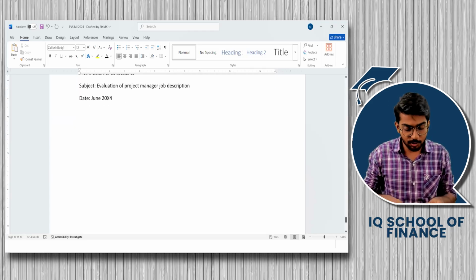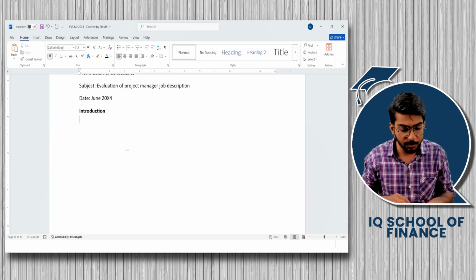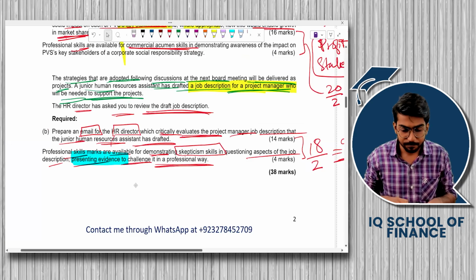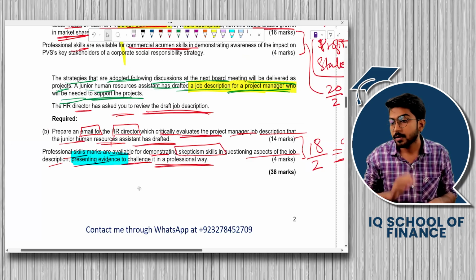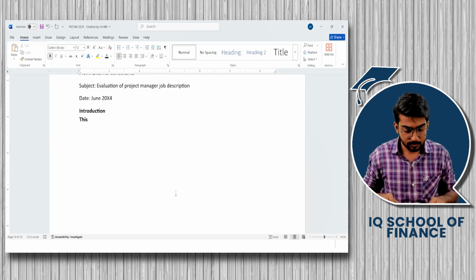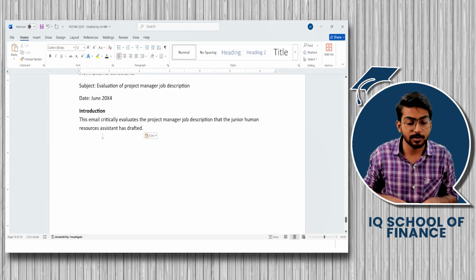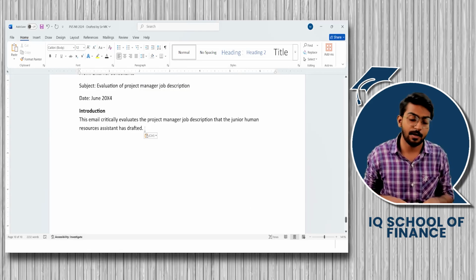Okay. So the introduction. From where are we going to start or copy our introduction? Introduction paragraph, from where will it come? It will come from the requirement. Only Pooja is telling me the requirement every time, but why no one else? All right. So we have this email: critically evaluate the project manager job description that the human resource assistant has drafted.